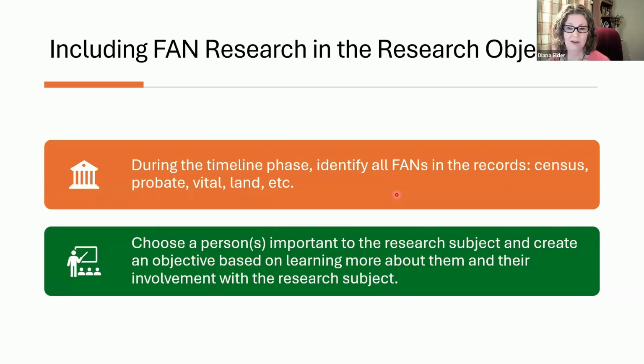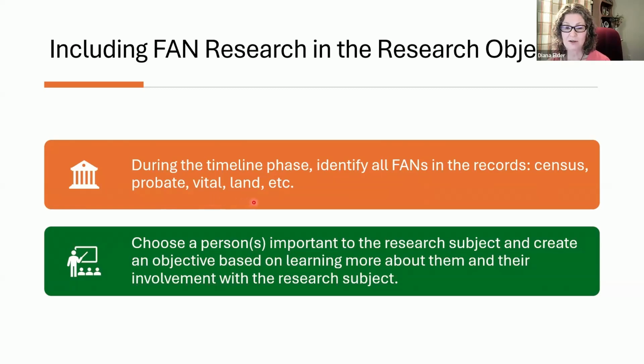The types of FANs you'll want to look at would be neighbors on the census, anybody who is a witness in the probate, or an executor or an administrator, anybody involved in probate. In the vital records, maybe you've got sponsors, witnesses, different people named in the record.